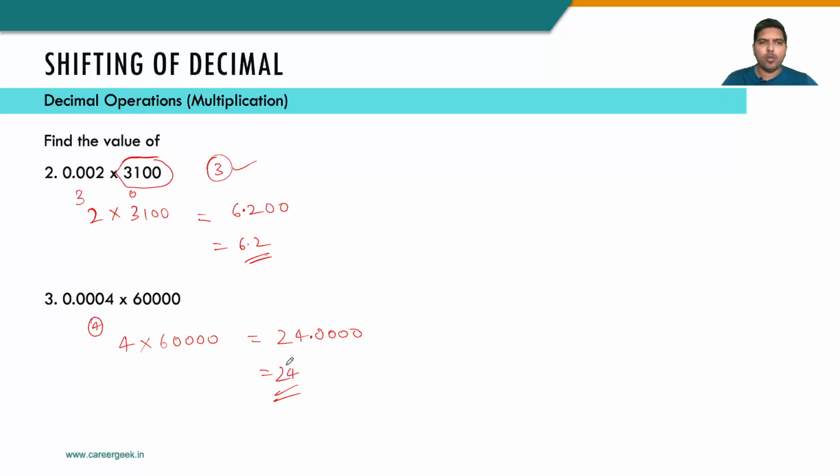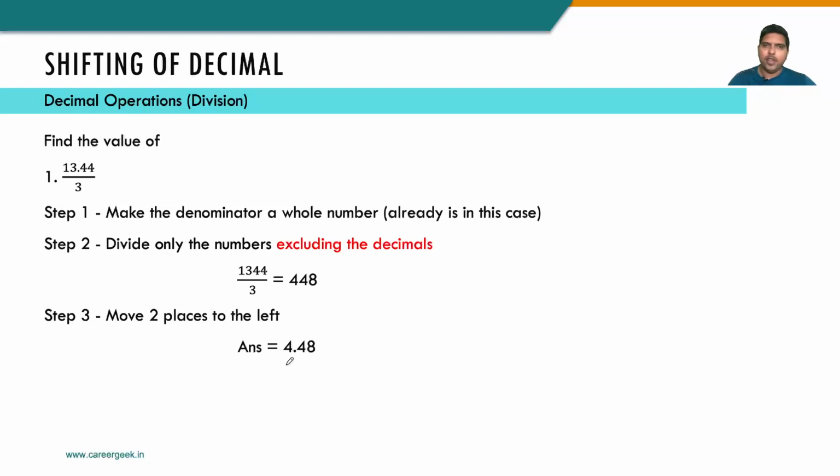We have seen decimal operations of addition, subtraction, and multiplication. We'll see the division. What you need to do is, first step is make sure that the denominator is a whole number. Okay, we don't want decimals in the denominator. Now, how do we do that? Let's say you have something like 1.5.